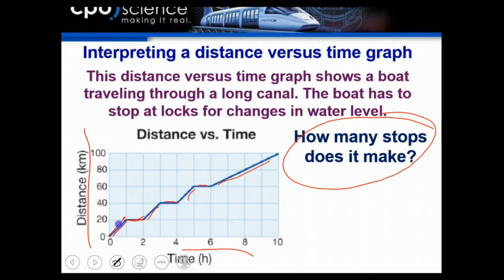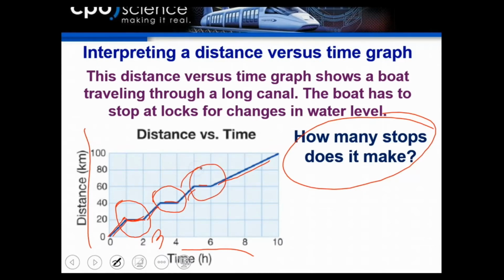Okay, so this flat part right here, let's take this first one for example, means that you are at 20 kilometers and that you stay at 20 kilometers from 1 hour to 2 hours. Okay, and then this flat part means that you stayed at 40 kilometers from 3 hours to 4 hours.